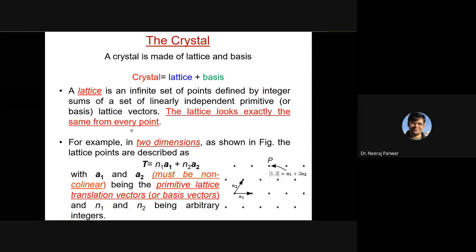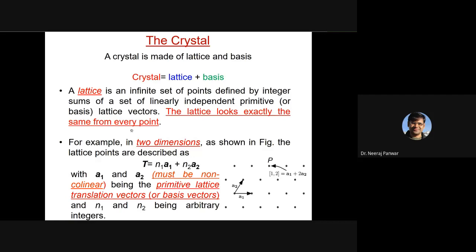So a lattice is an infinite set of geometric or imaginary points defined by integer sums of a set of linearly independent lattice vectors, and these lattice vectors are known by several names: primitive lattice vectors, fundamental translation vectors, like this. So the lattice looks exactly the same from every point.